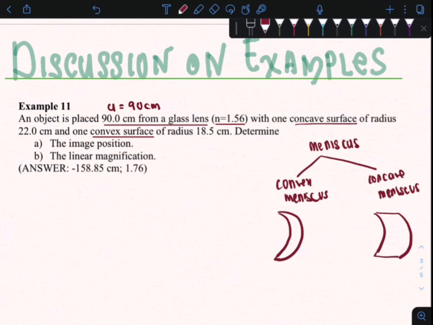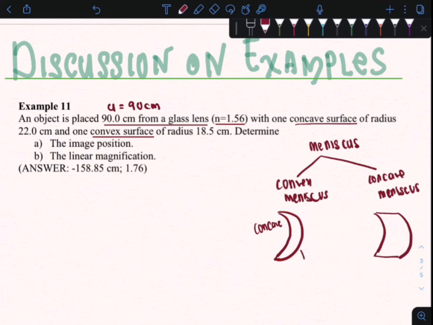What happens here is both these meniscus have two different surfaces. If you look at the convex meniscus, when you look from this side, it forms a concave surface. And when you look from this side, you have a convex surface.